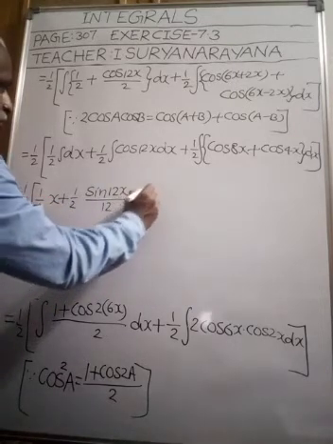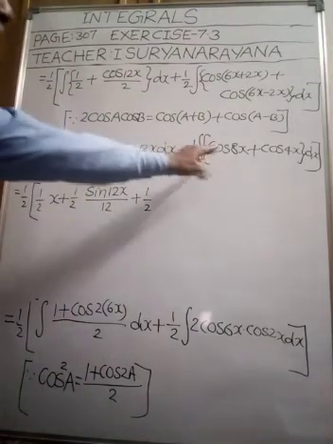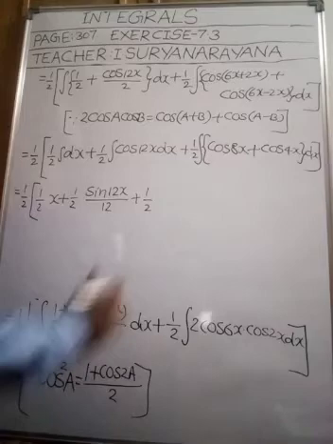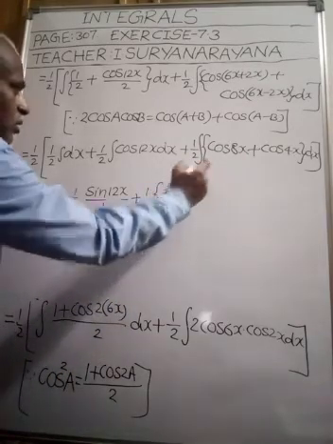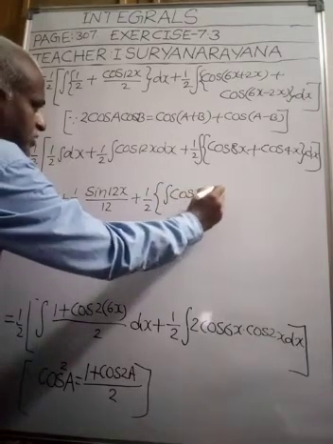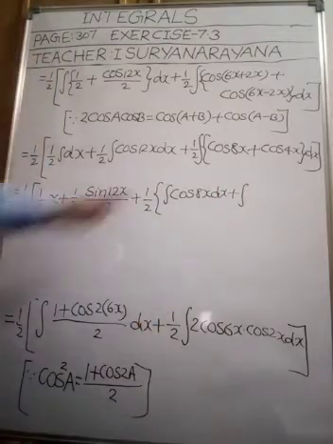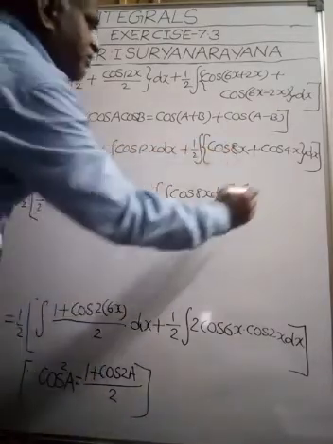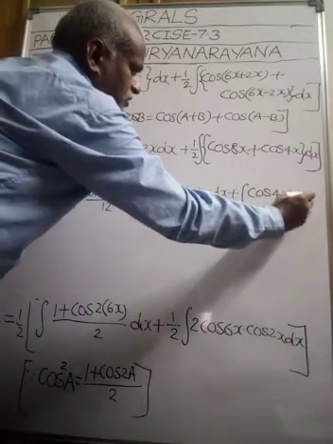Plus 1 by 2, 1 by 2. Here also let us split into two integrals: integral cos 8x dx plus integral cos 4x dx.